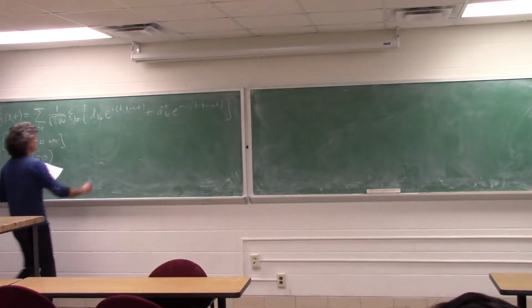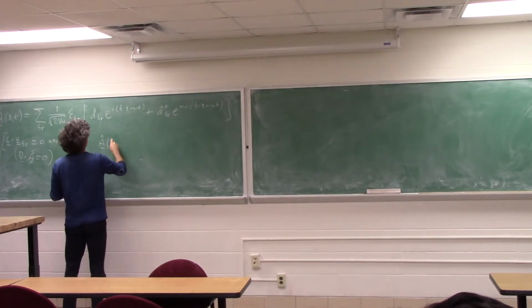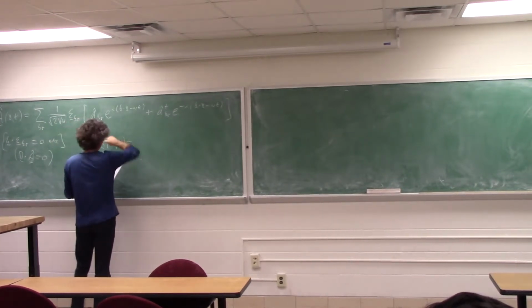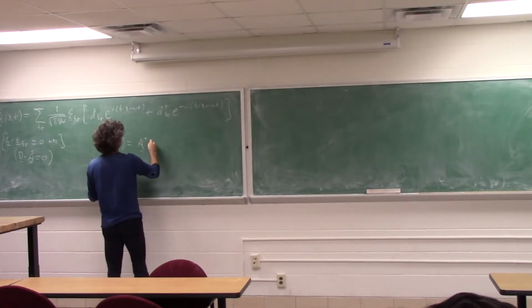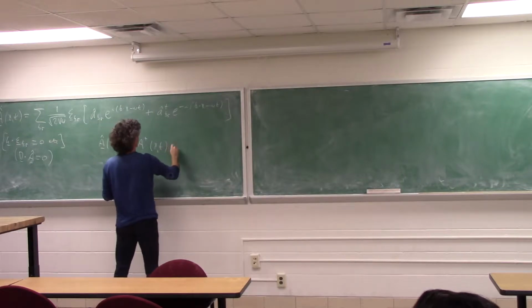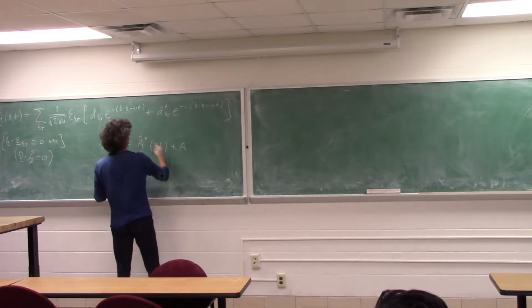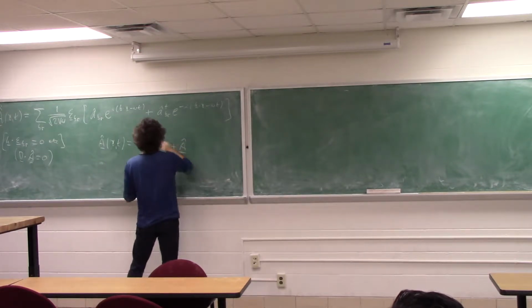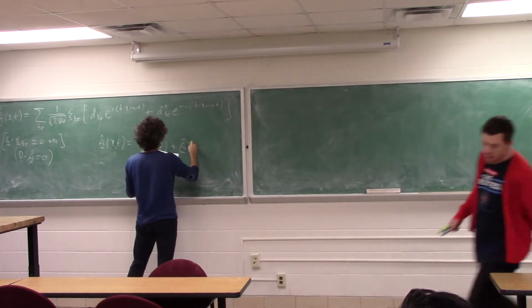Okay, so this is often written as, it's useful to think of this as the sum of two parts. This is a plus, this is not a dagger, this is a plus, and here there's a minus.